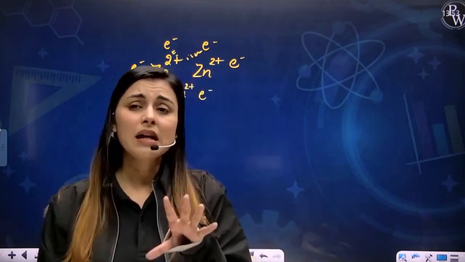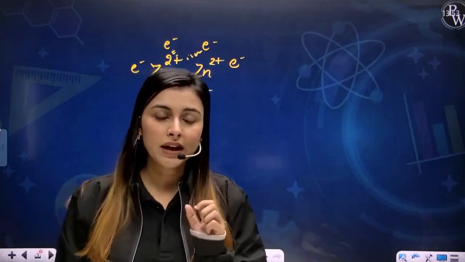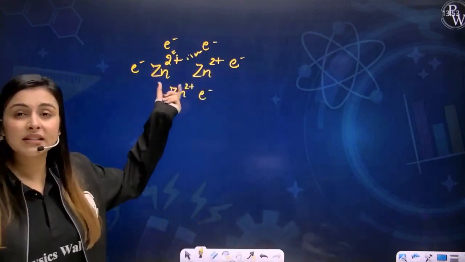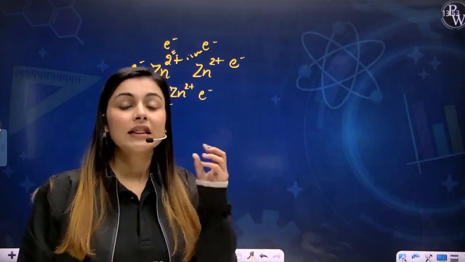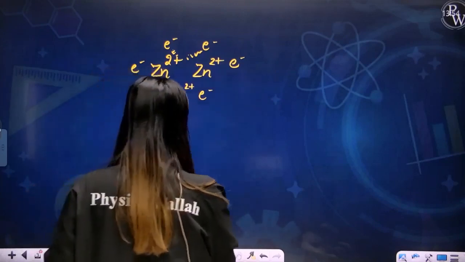Now let's try to understand metallic bonding a little more. These positively charged ions present in the sea of electrons are also known by a name, which is kernel. So you need to write this down.